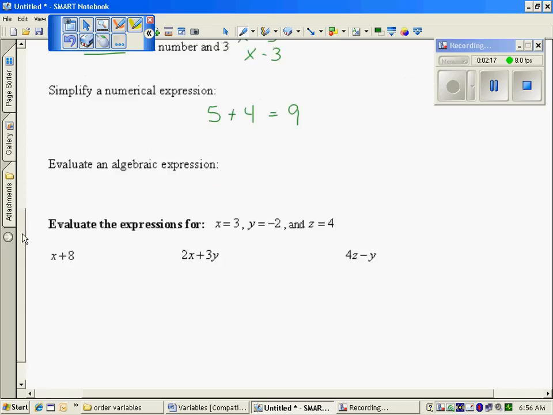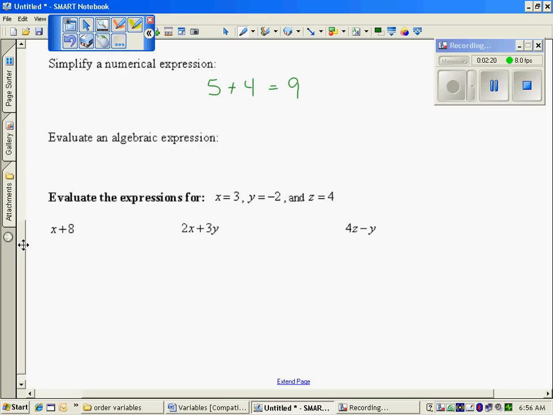When we evaluate an algebraic expression, notice the difference, numerical, algebraic, what we're going to do is replace the variable with a number, and then we're going to simplify. So we need to know numerical expressions so that we can simplify the algebraic expression.